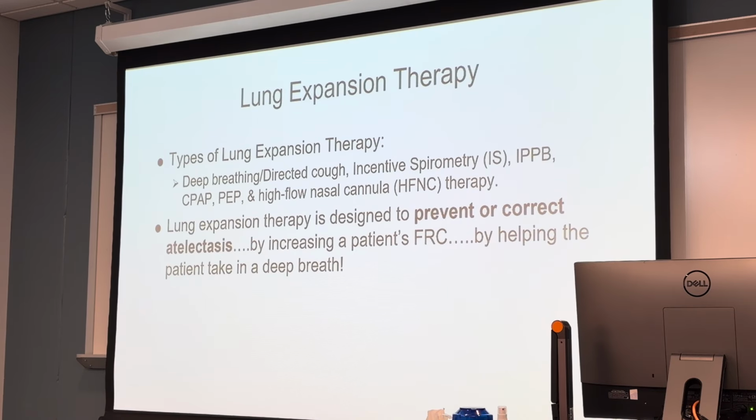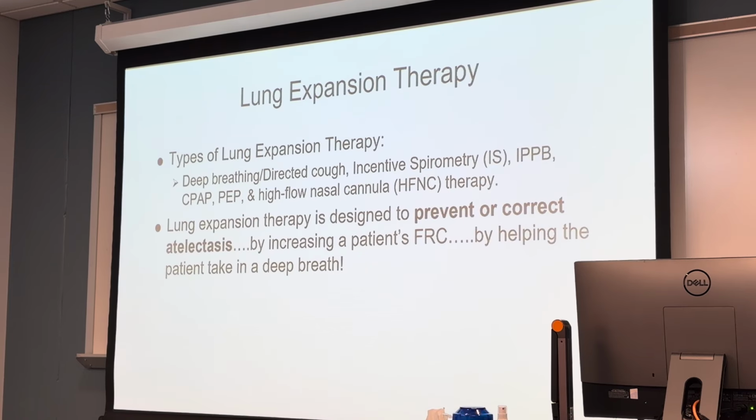Some people say, okay, I'm going to try, but their efforts are weak, or painful, because it hurts. Incentive spirometry, something we'll talk about today, is just a fancy way of having the patient breathe deeply. The only thing is they get some visual feedback to let them know they're breathing deep enough.